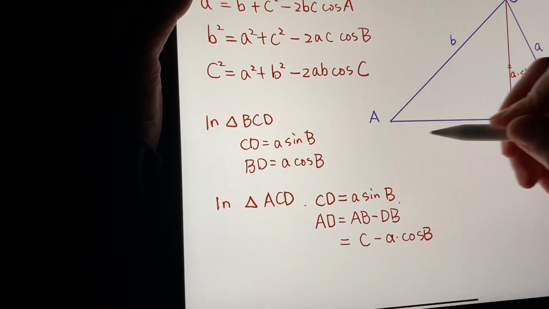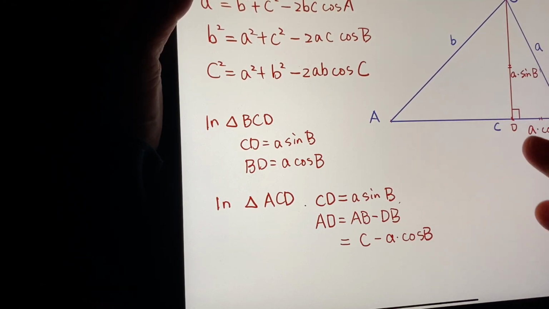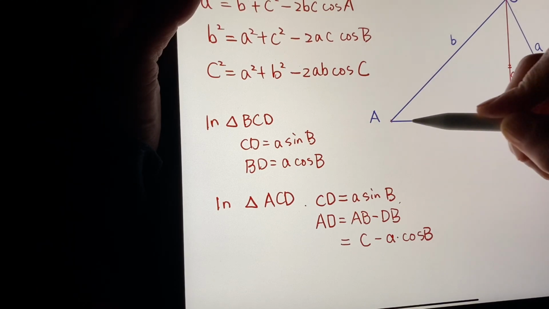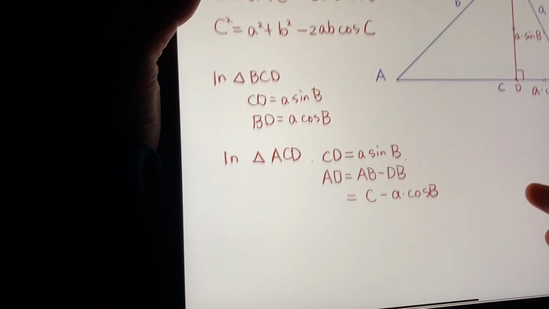Voila. So in triangle ACD, now we use the hypotenuse, now we use the Pythagorean theorem. So AC squared equals CD squared plus AD squared.